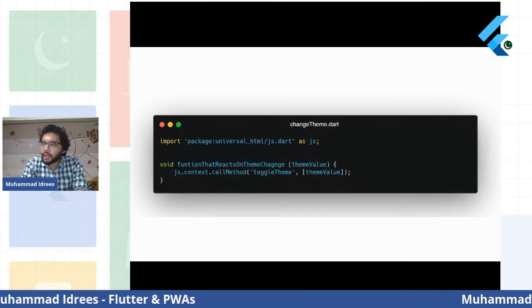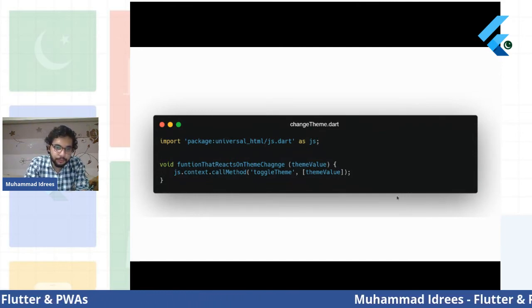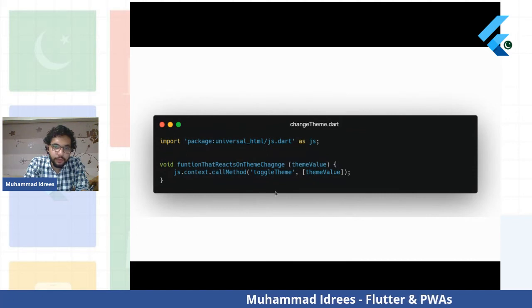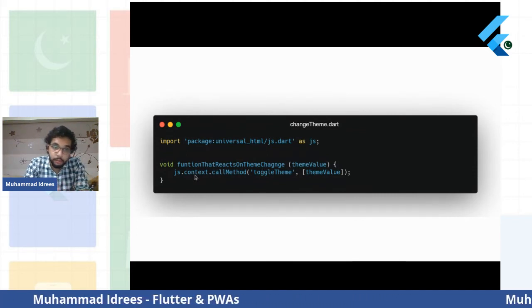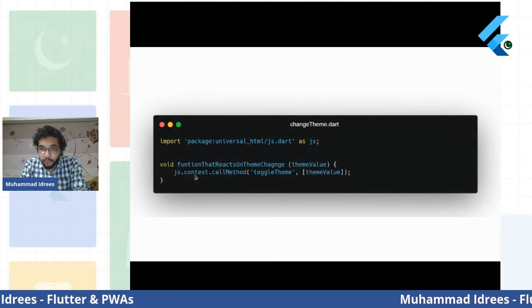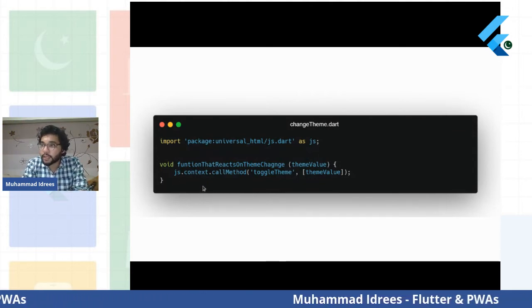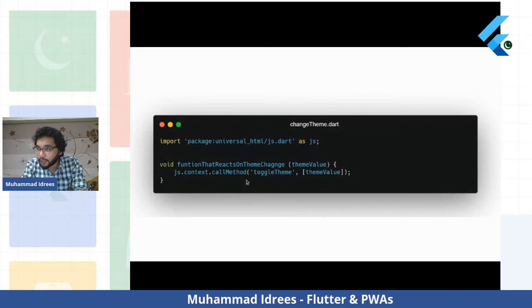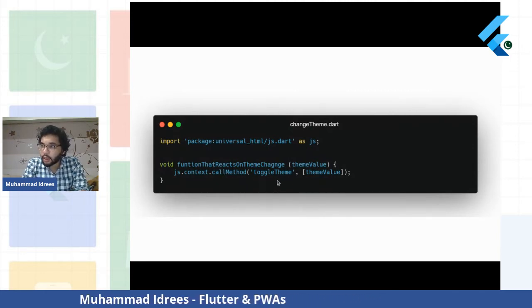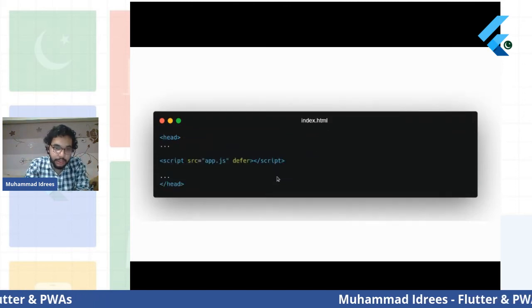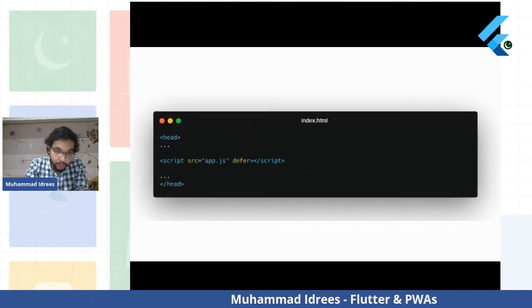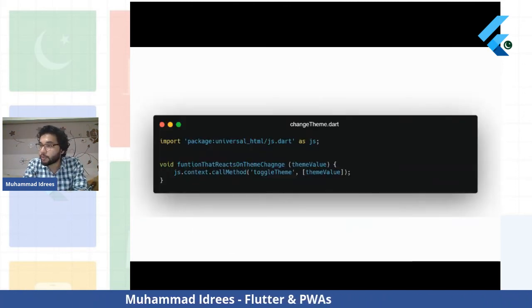If you want to call a method from a JS file into your Flutter, you do something like js.context.callMethod, which calls the method, and you give it the name, toggleTheme, remember, toggleTheme, the name of the function, and you pass the parameters.